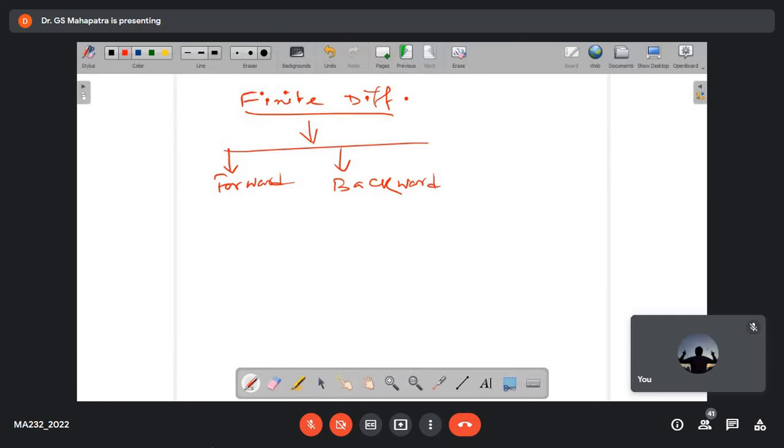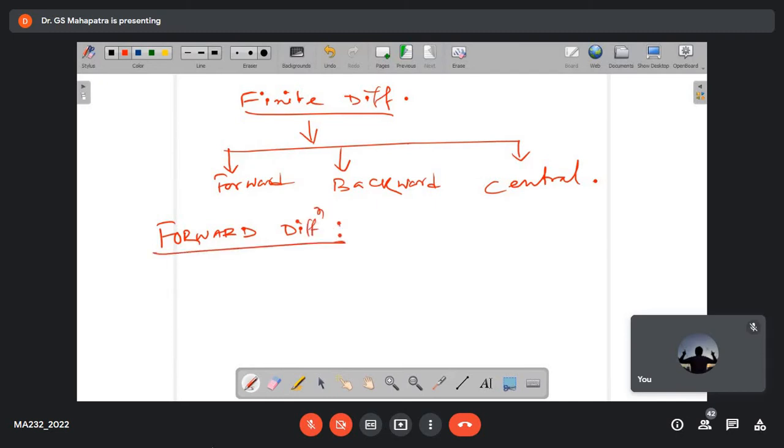And the final one is central differences. These are the three differences. First we will discuss the concept of forward differences. Now, what is that?